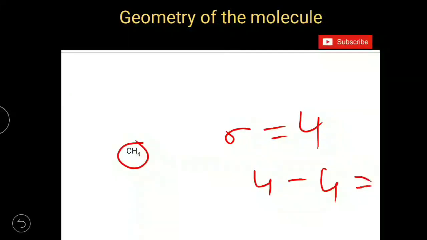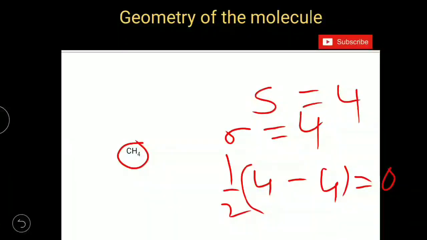So there are no lone pairs. So steric number is equal to 4. If steric number is equal to 4, the shape of the molecule is tetrahedral. So CH4 is a tetrahedral molecule.